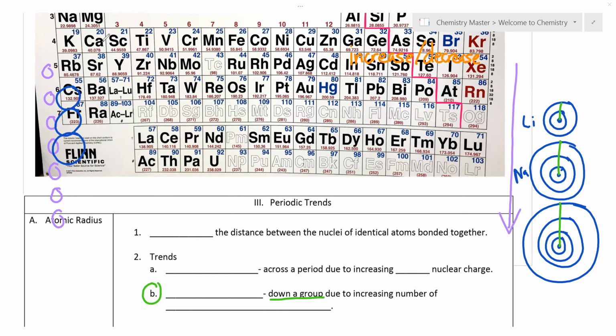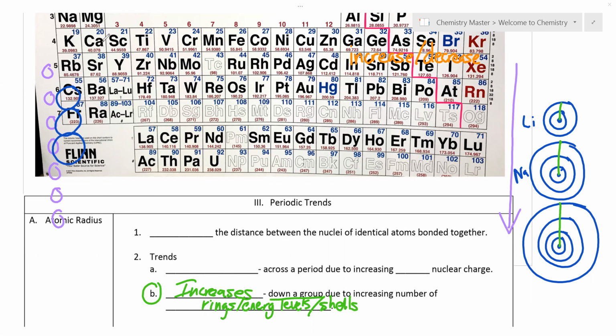So the trend is it increases down a group due to what? It should be the number of rings. You can say rings. Remember, sometimes we call them energy levels, sometimes we call them shells, whatever you want to call them, as long as you know all these names for them.